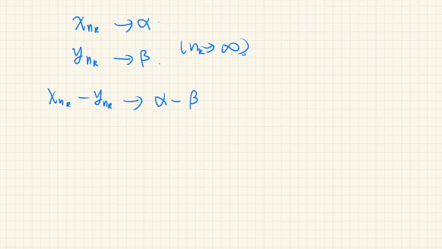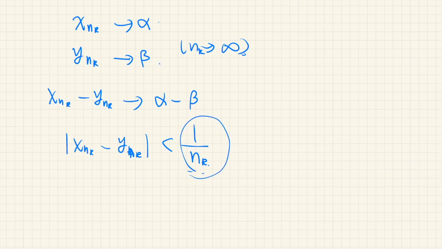So we have |x_{n_k} minus y_{n_k}| less than 1 over n_k. So this was delta. So that means as n_k goes to infinity, this one converges to 0. So the difference converges to 0. So that means alpha minus beta should be equal to 0, and therefore alpha should be equal to beta.